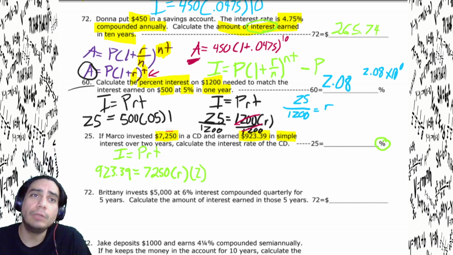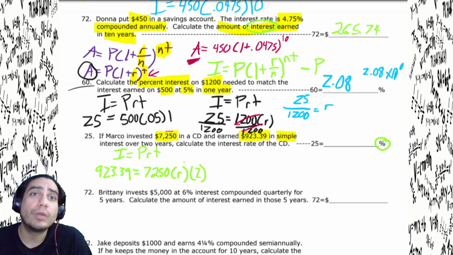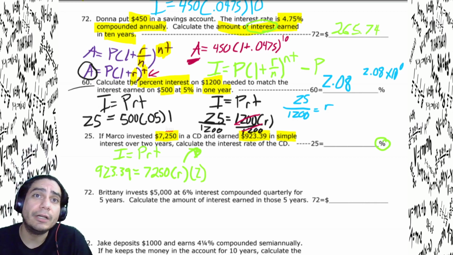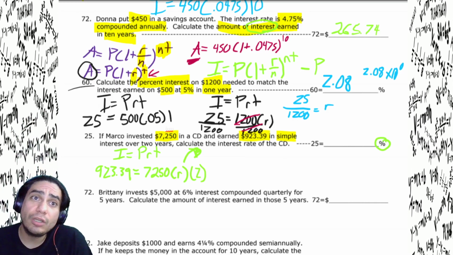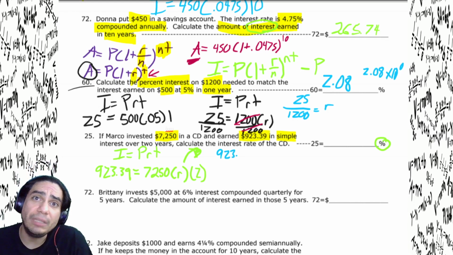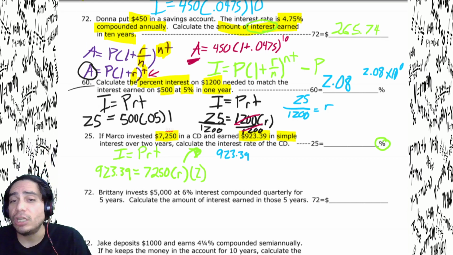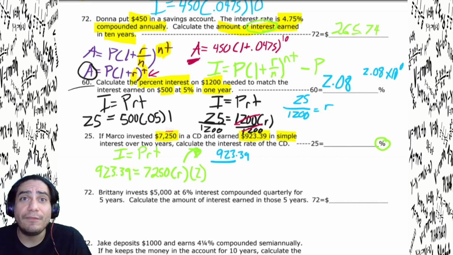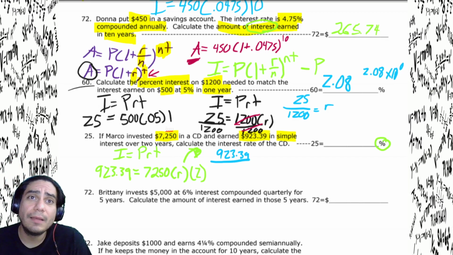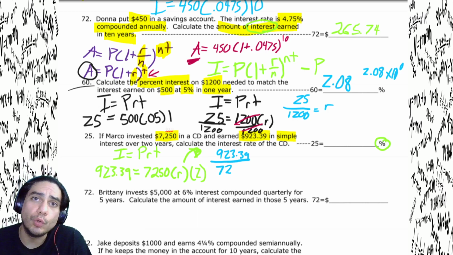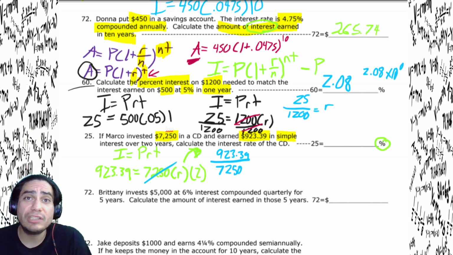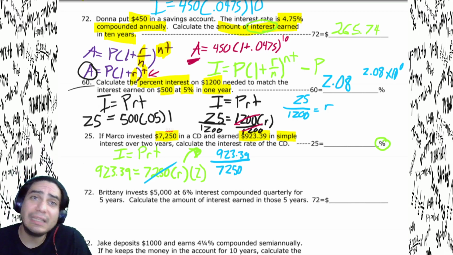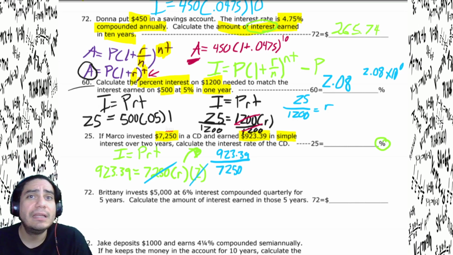So in this problem, we could already start simplifying. We could start eliminating things by dividing both sides by 7,250. So we could cancel this out. But once we divide both sides by that, we still need to divide both sides by 2.